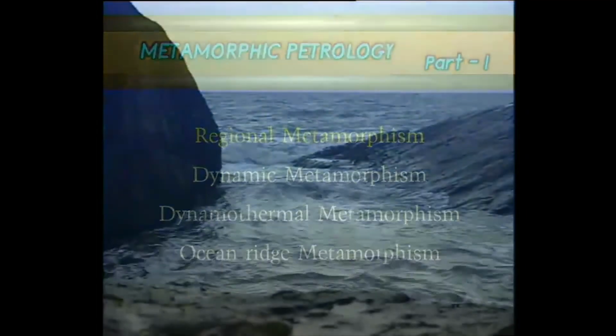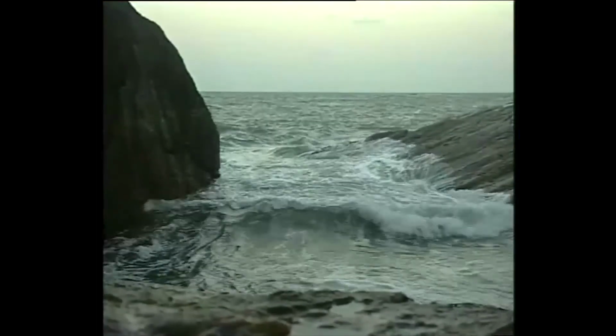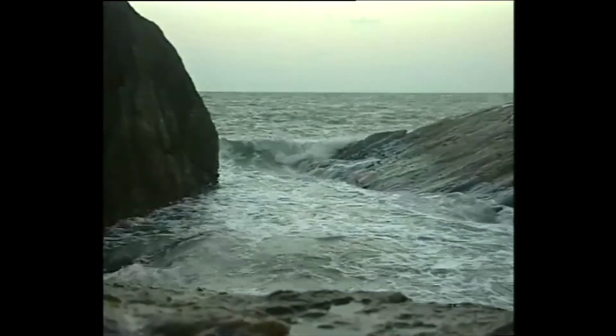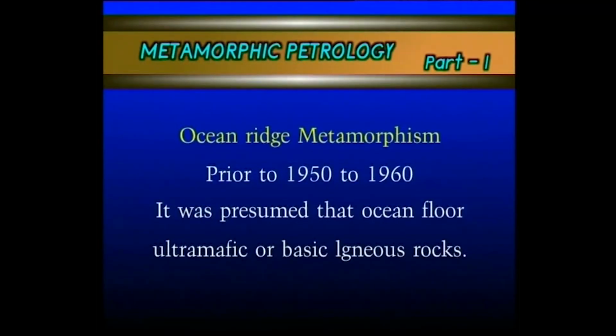As we already discussed, if we see the case of ocean ridge metamorphism, prior to the 60s and 70s, it was presumed that the ocean floor is normally ultramafic or basic igneous rocks.